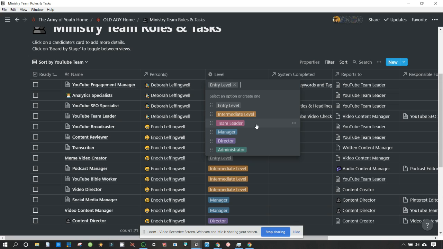You have the team leader, you have the manager who manages multiple team leaders, and then you have the director, and that director would direct multiple managers. And then you have the administrator, and that is someone who is able to work together from the office or from headquarters of the Army of Youth, and they're able to direct the different field director, the publishing director, the different people that are in charge of an overarching head of work.